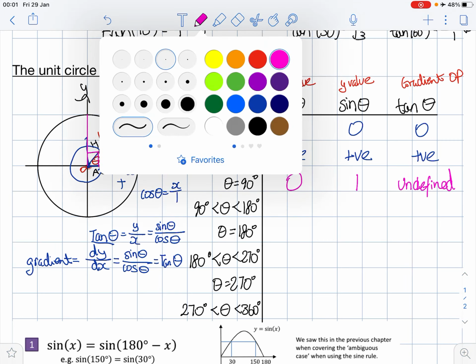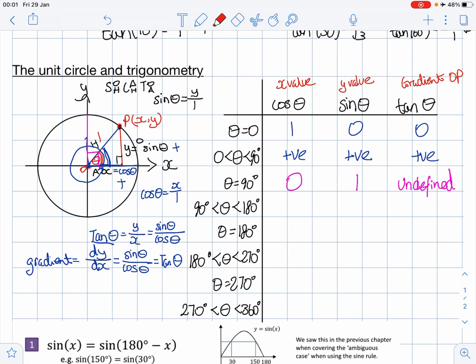Then we're going to look at this angle here, between 90 and 180. So in this part, which is between 90 and 180, the values for my x are negative.